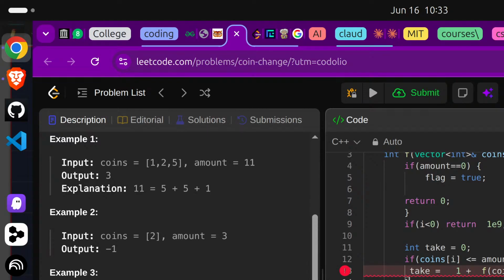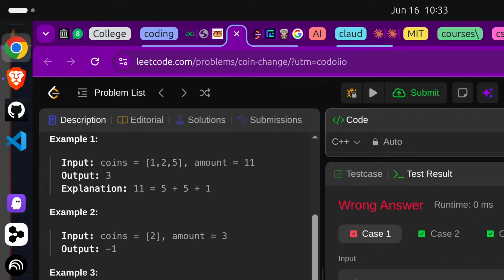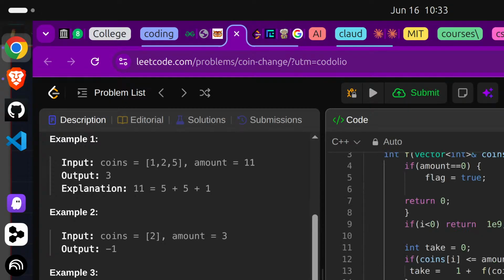Alright. Flag. Wrong answer, output is 2, okay. Expected output was 3.